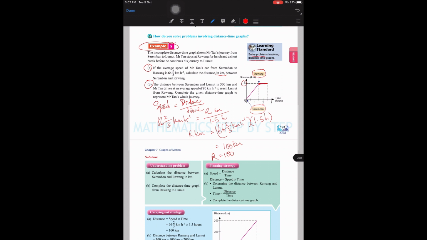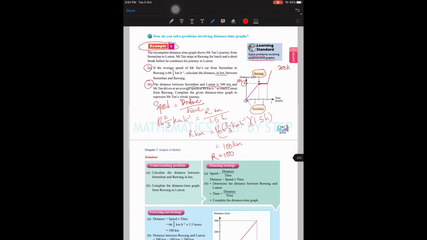So complete the given distance time graph to represent Mr. Tan's whole journey. Now we know R is equal to 100, and we know total distance from Seremban to Lumut is 300 km. So from Rawang to Lumut is 200 km.